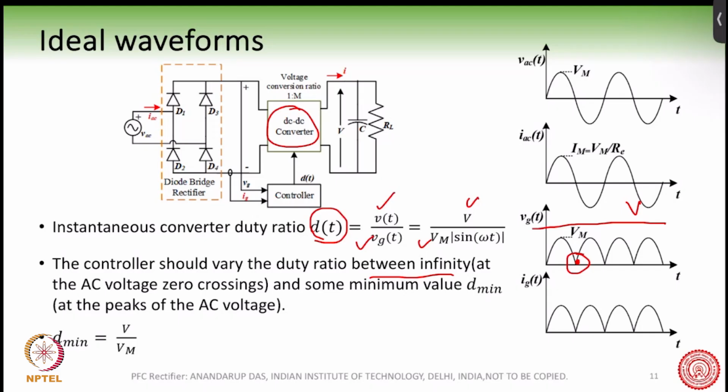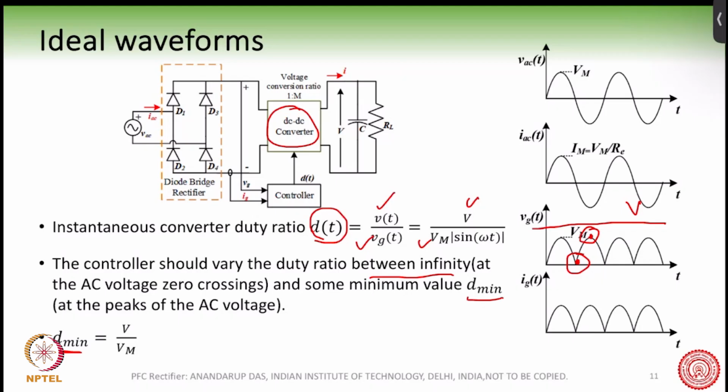On the other hand, when the VG voltage is at the peak, then we have a minimum duty ratio at the peak of the AC voltage. So the minimum value of the duty ratio is V by Vm, right?